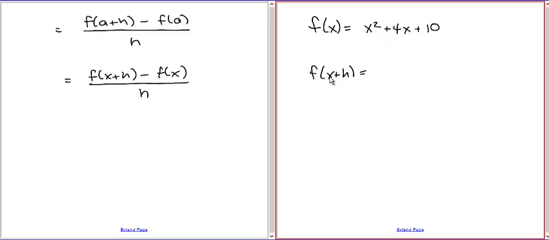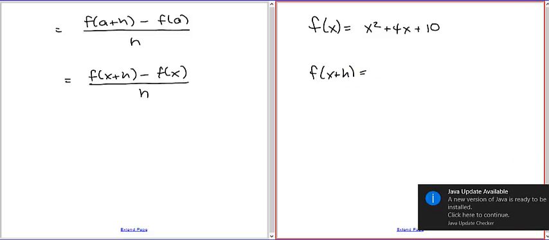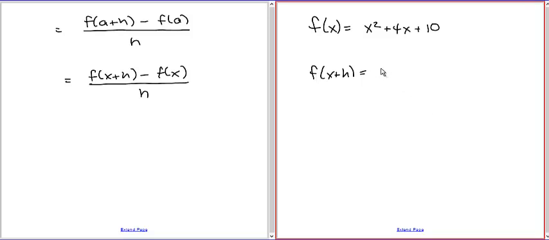But here we have x plus h. We could have a plus h. Doesn't really matter. So we use these parentheses to put the term into the equation. So instead of x, I put x plus h inside parentheses. Instead of x in the original equation, I put x plus h in parentheses. Here, I don't have an x, so I just write down what's in the original equation.